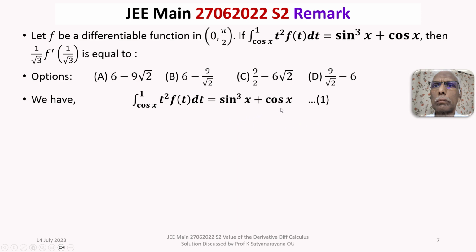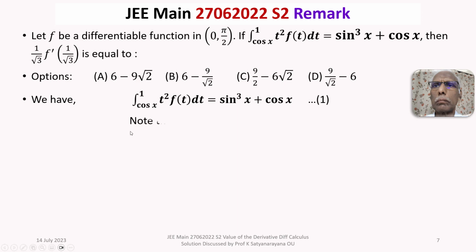Now this is not a balanced equation. In fact, this statement is not true. So we want to modify this one appropriately so that it will be meaningful. Now what we do is, the interval is 0 to pi by 2. Let x tend to 0 from the right.